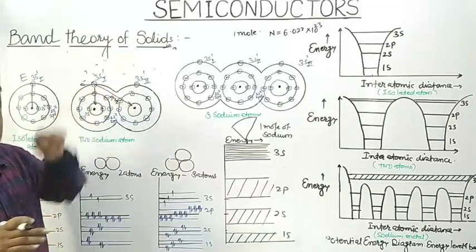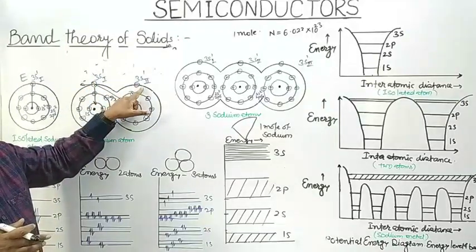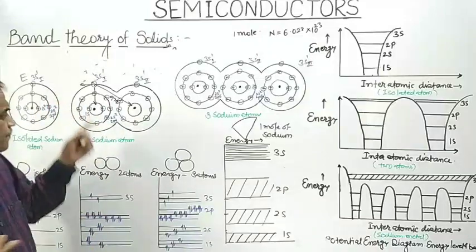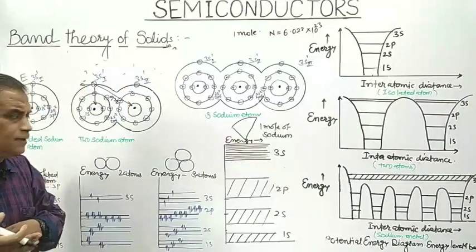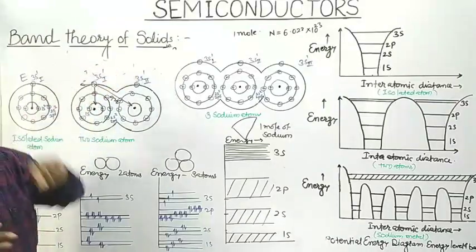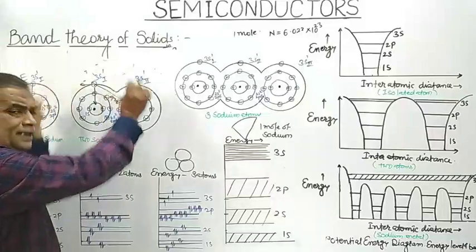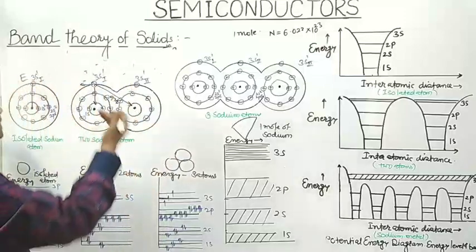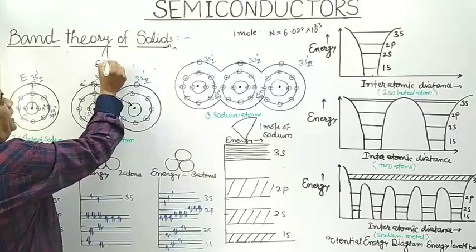The electrons in the 3s orbit have a strong interaction with the nucleus and the electrons of the neighboring atom. So the potential energy of the electron in the highly energetic 3s orbit will undergo a slight change. Now the energy of the electron in the 3s orbit may change to what?